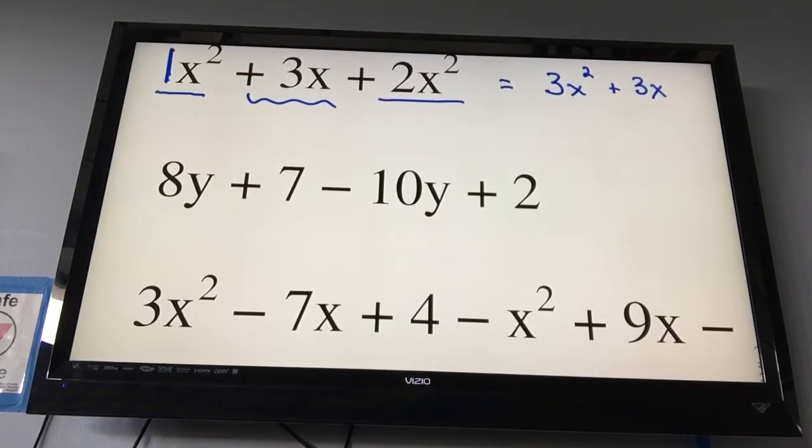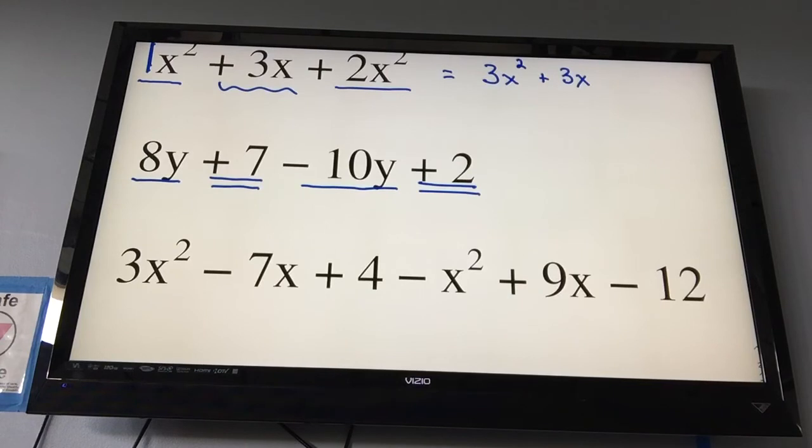In my next question, like terms: this one is alike with this one because they both say y. This one is like this one because they're both numbers without any letters.